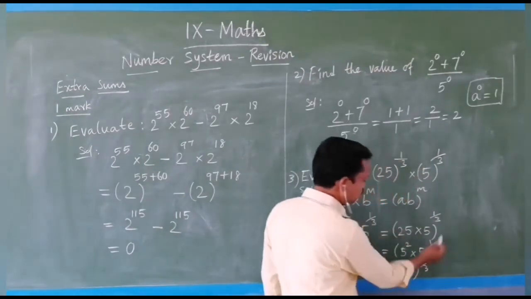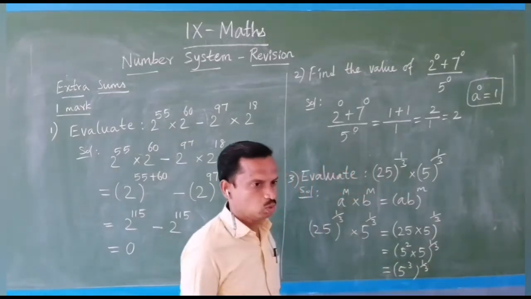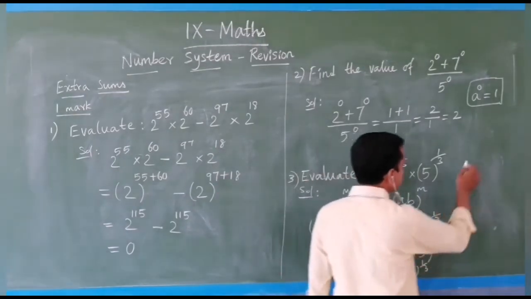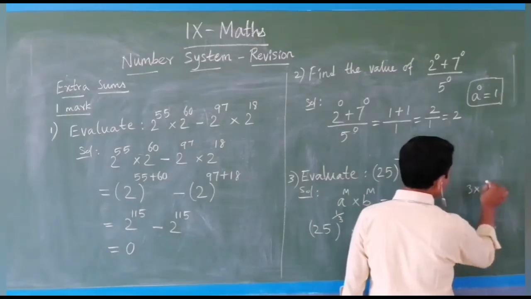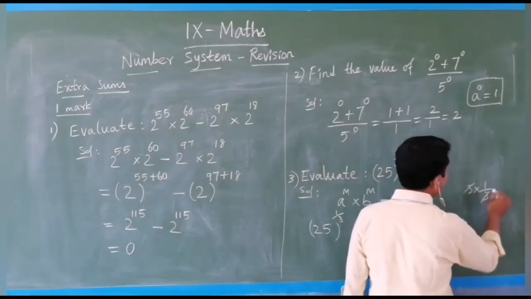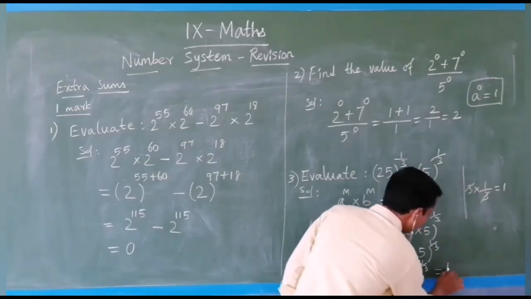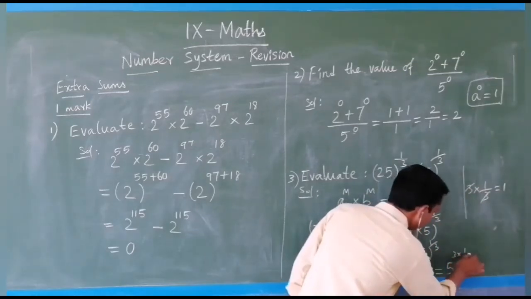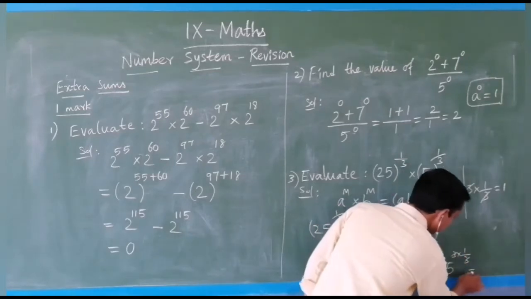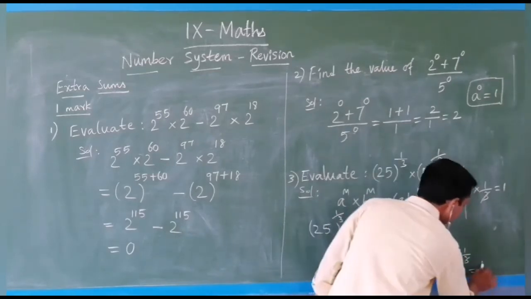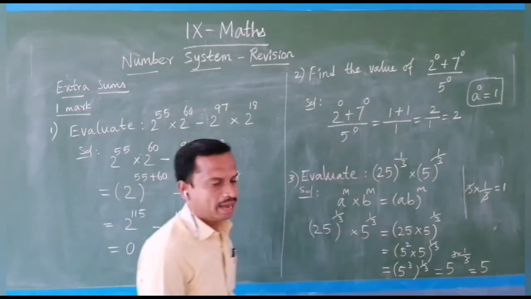So power to the power, here you have to apply the power rule. So the powers should be multiplied. So 3 into 1 by 3, what do you get? Only 1. So 5 to the power 3 into 1 by 3, the 3 gets cancelled. So 5 power 1, that is 5. 5 is the answer.